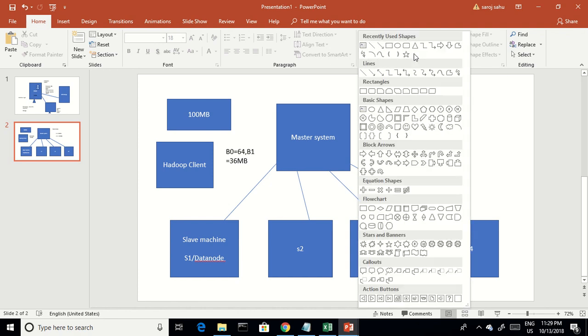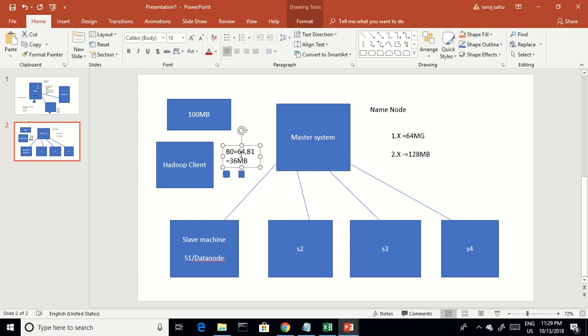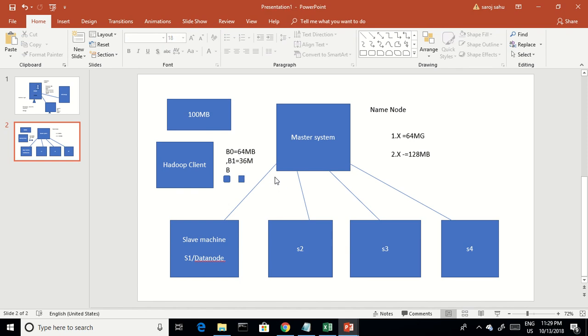In this example, I have 100 MB of data, so it is divided into 2 blocks. Block 0 is 64 MB and block 1 is 36 MB.